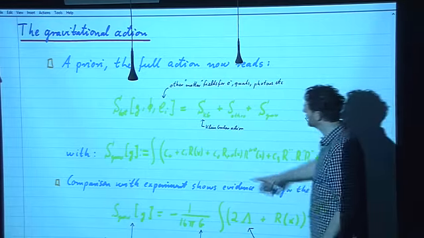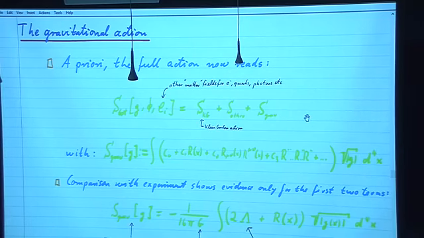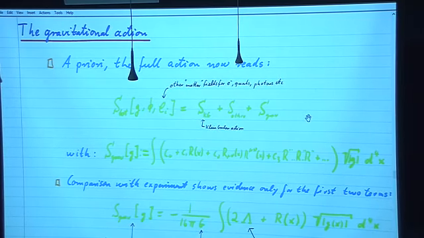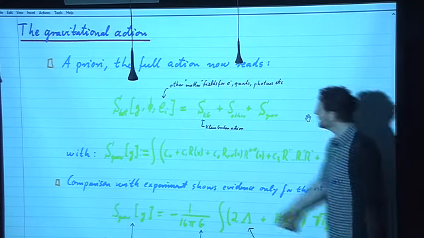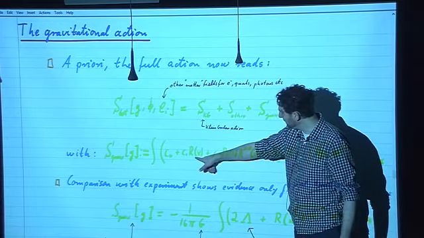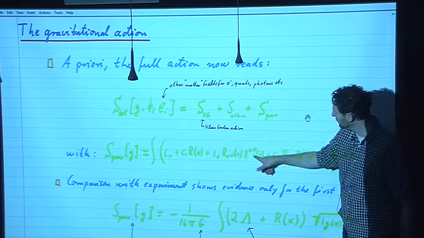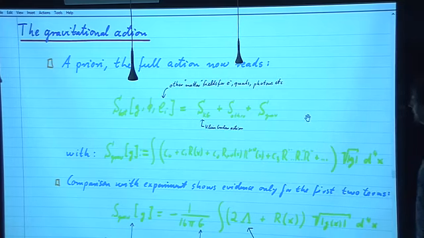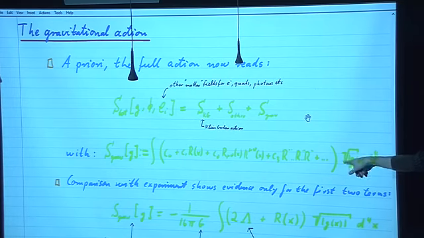It should start out with a constant, because as we established in the previous slide, the simplest scalar you can build is just the identity, just g mu nu, and then plus some other constant c1 times the Ricci scalar, plus some other constant c2, and then we have contractions of higher order curvature terms, and more higher order curvature terms, and so on. Everything multiplied with the square root of g factors, so that the whole thing really stays scalar.